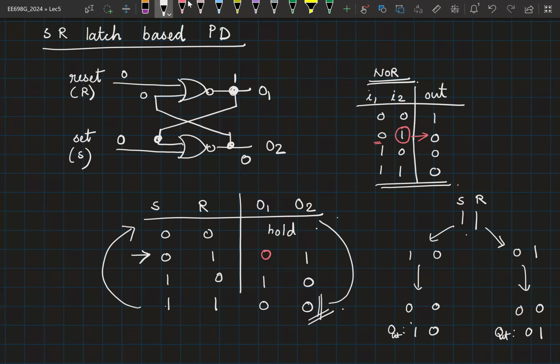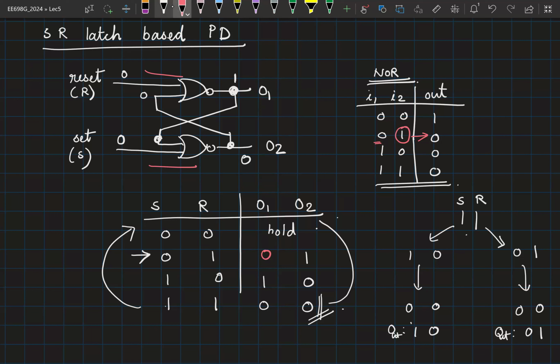Now, if the edges were happening very close to each other, sometimes it is not even a function of which edge has occurred. It could become a function of the noise in the system. In the presence of noise, in the presence of mismatches between the set and the reset paths, even if the reset occurred before the set, it's possible that because of some noise or mismatch, especially if it has occurred very closely, your SR latch might detect it the other way, right?